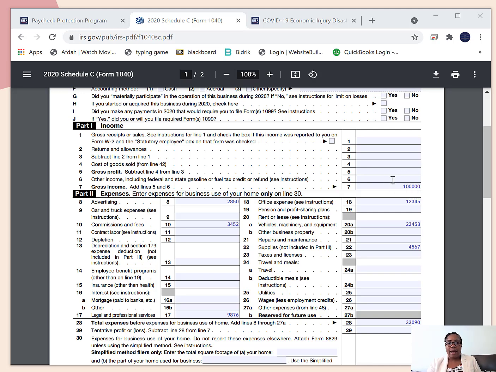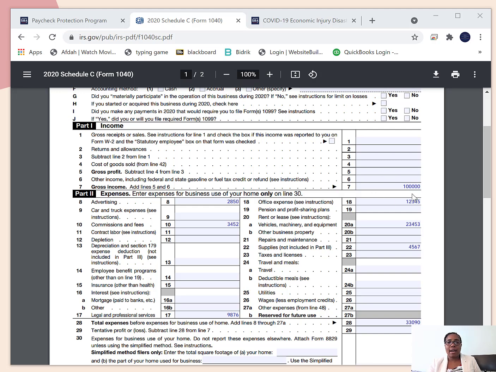If you do not have W-2 employees, what does this really mean? If you do not have employees that you actually had on W-2 payroll, you ran it through a payroll processor, and you filed something called a 941 throughout the year where you paid employer taxes on those employees. If you did not do all of that, then you do not have W-2 employees.